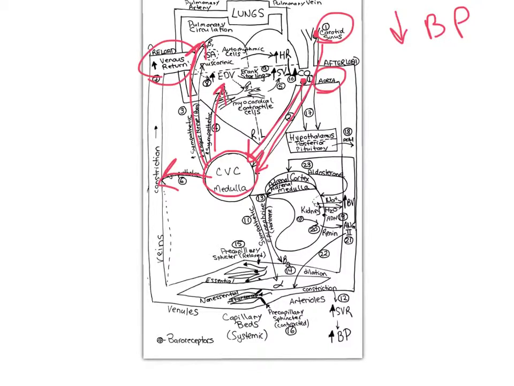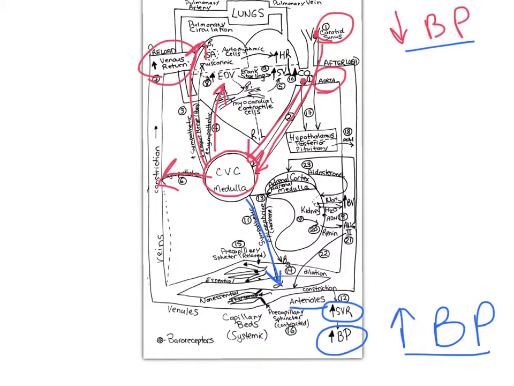Please note here now that the cardiovascular control center is also sending out efferent signals via the sympathetic nervous system to the arterioles. Now this is going to be affecting the systemic vascular response and in the end increasing blood pressure. Okay? Stimulus is decrease in blood pressure, response is increase in blood pressure.